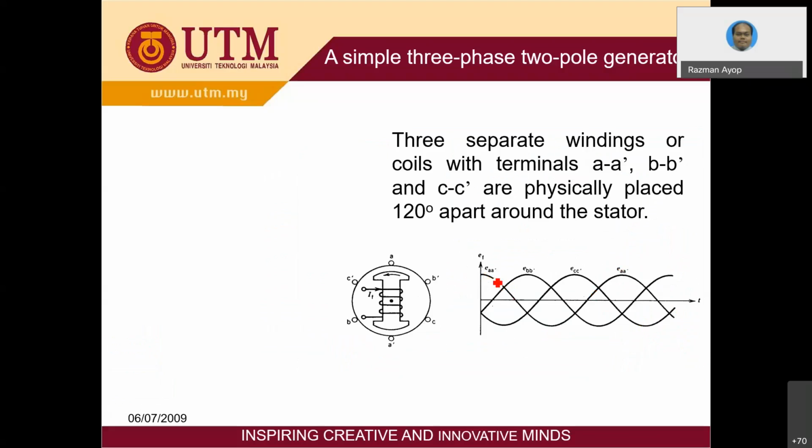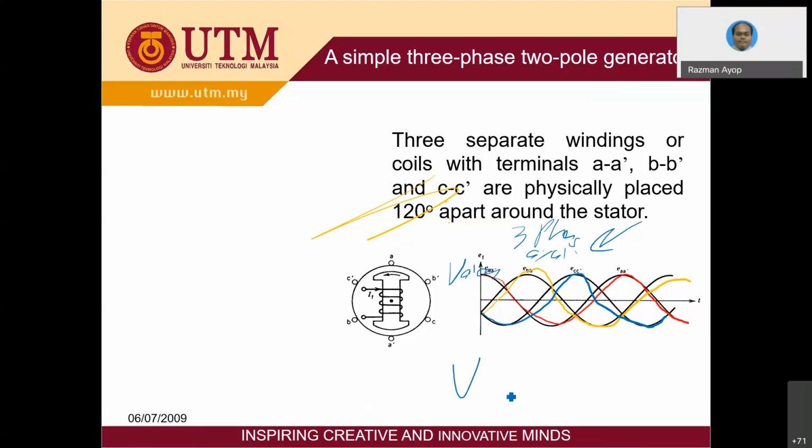This one is the red phase, this one is another phase, and another one here is another phase. So you have three phases. This is how the waveform looks for a three-phase system. This is the voltage.